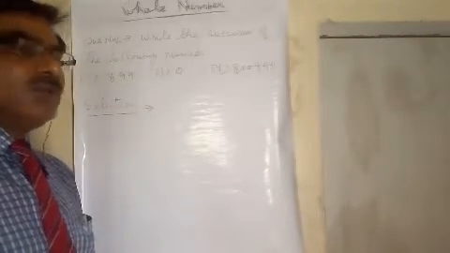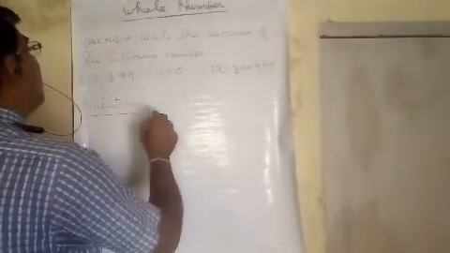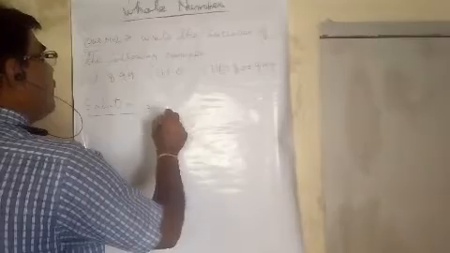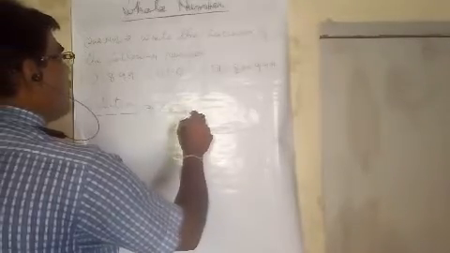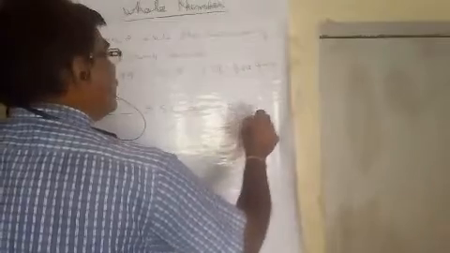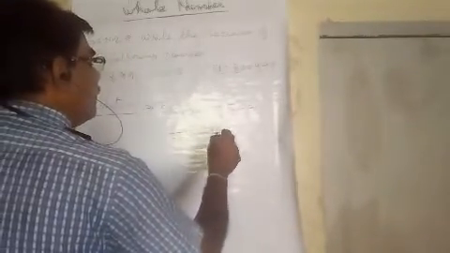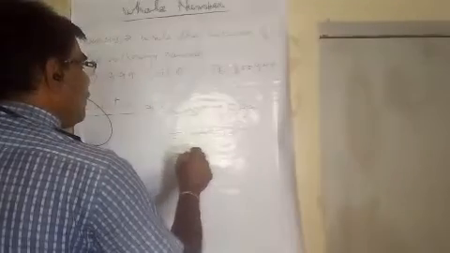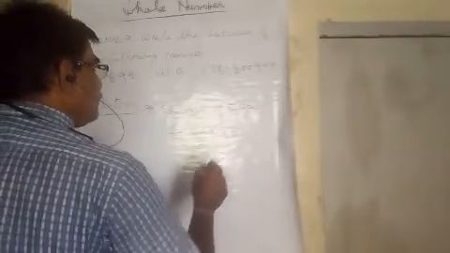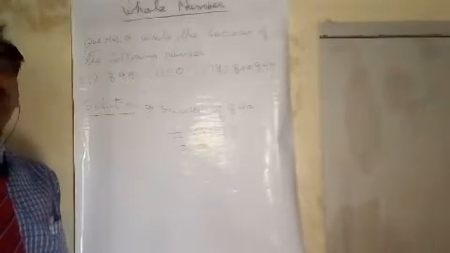So the successor of 899 equals 899 plus 1 equals 900.